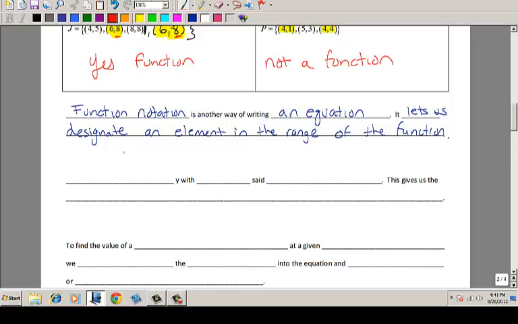So before we may have seen y equals 3x plus 5. Well, now instead of seeing y equals 3x plus 5, in function notation we would write f of x is equal to 3x plus 5.